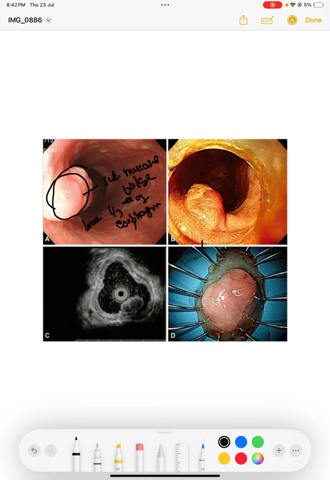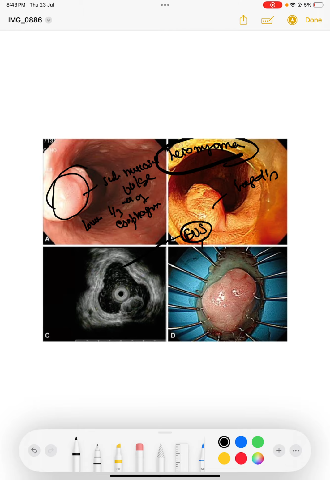This is classical of your leiomyoma. This is the chromoendoscopy with your Lugol's iodine, which stains the leiomyoma on the endoscope.